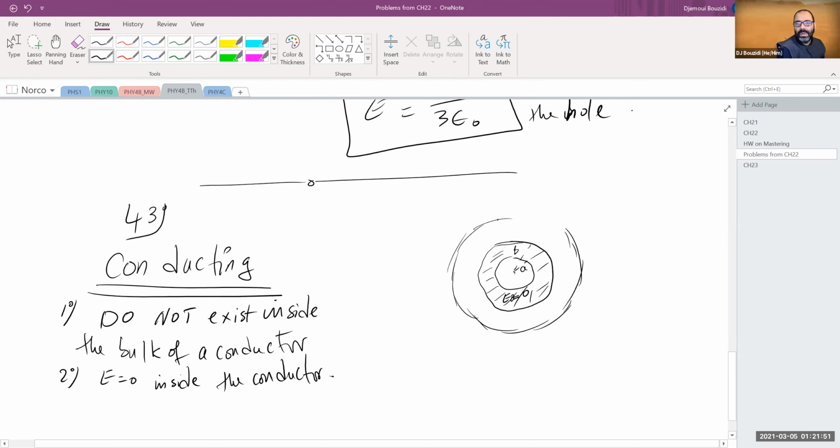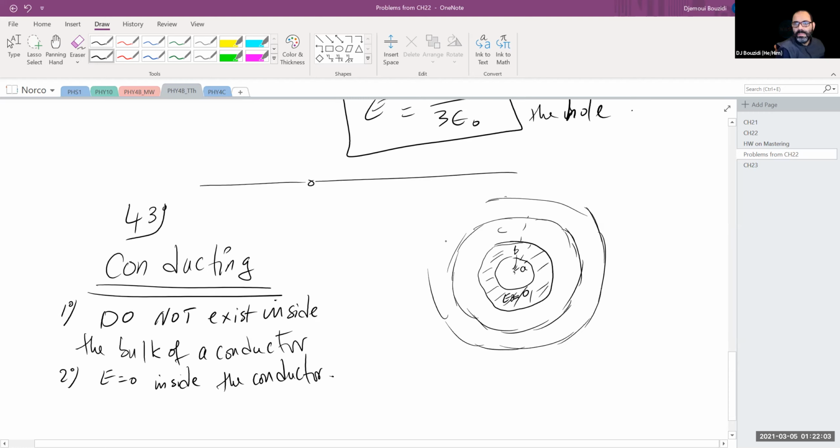This is a cut from the circle, a cross section from it. So this radius now is C, and the outer one is D. Similarly, this is the shell we're talking about now.